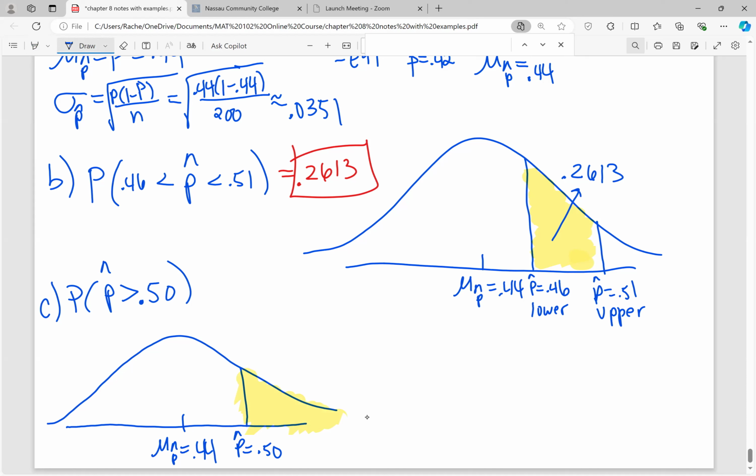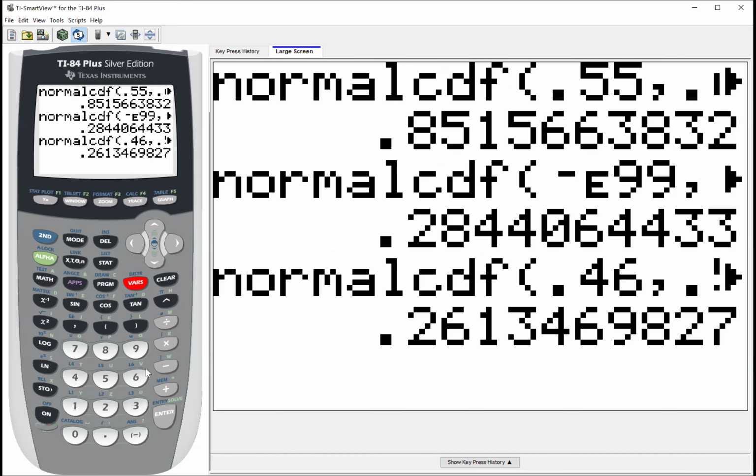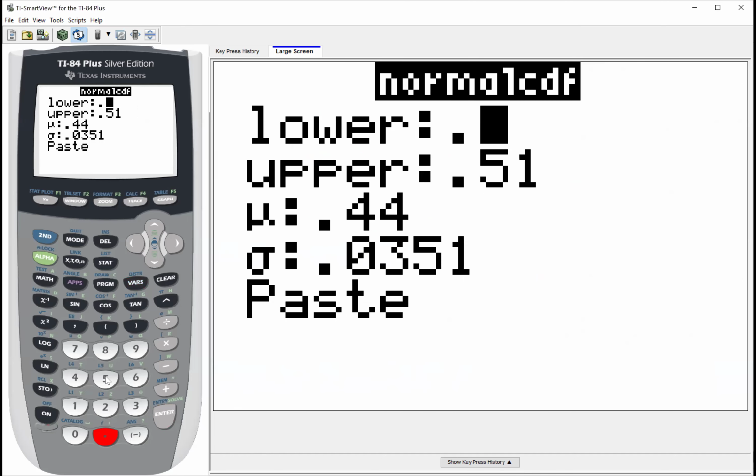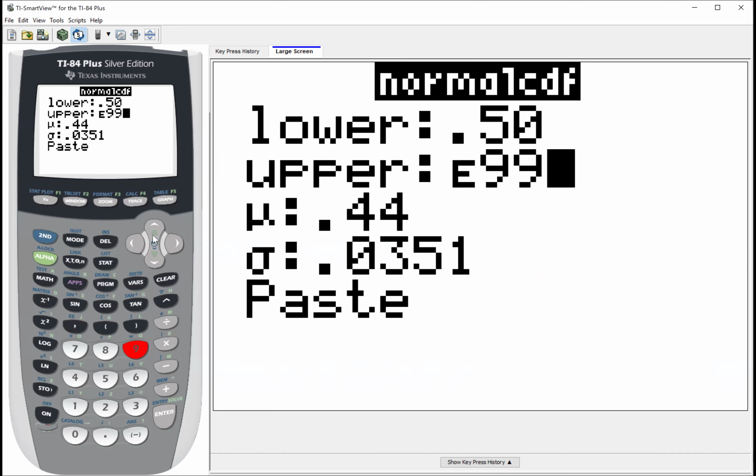So we're working with normal distribution, so we could use normal CDF. The lower bound on this shaded region is 0.50, and the upper bound is going to be positive E99 or infinity. And now we could plug into normal CDF in the calculator. So we said the lower bound is 0.50. The upper bound is E99.